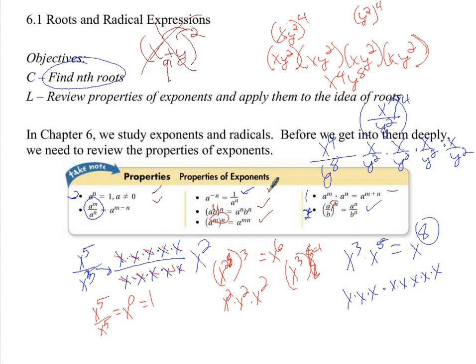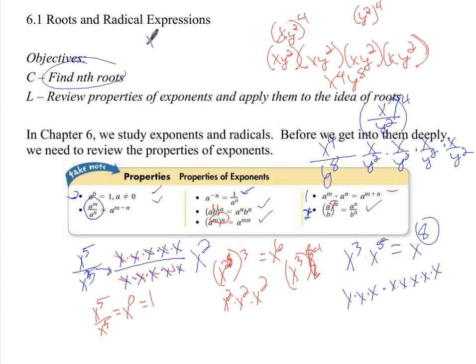This says a to the negative some number is equal to what? 1 over a to that number, but now the exponent is positive. The reason that one is true is this. I'm going to use the same type of example as I did right here to show you this one.